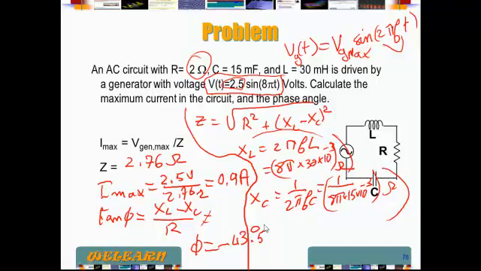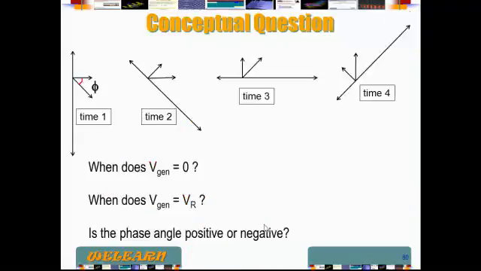So it is telling us that the generator in this case is lagging behind the current by 43.5 degrees. In this question, they're asking us for these 4 times, when is V gen equal to 0?